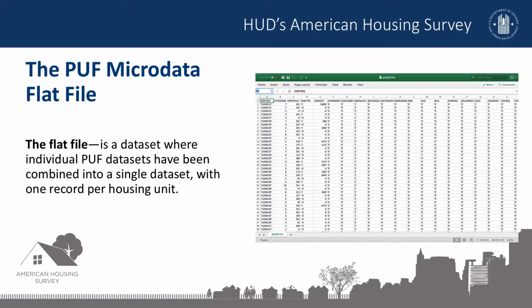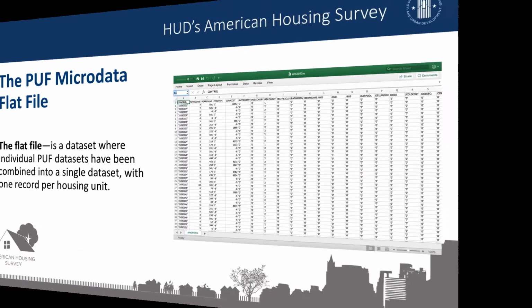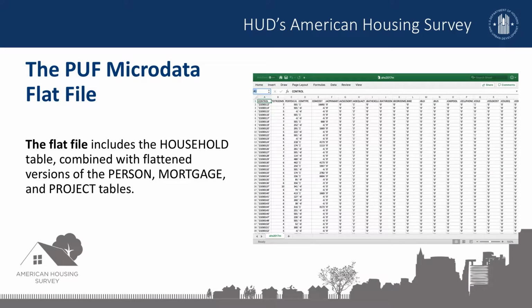The other PUF microdata file structure, the flat file, is a dataset where individual PUF datasets have been combined into a single dataset with one record per housing unit. The PUF microdata flat file structure includes the household table, combined with flattened versions of the person, mortgage, and project tables. The flattened format is similar to the format in prior years.